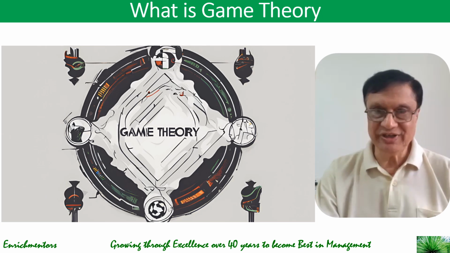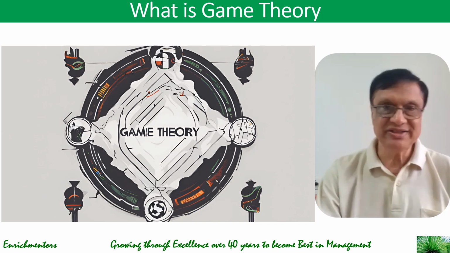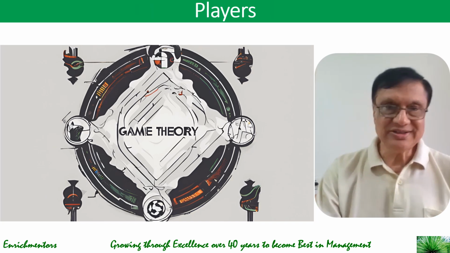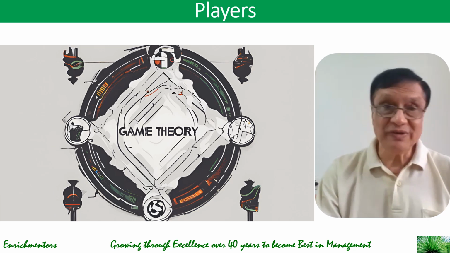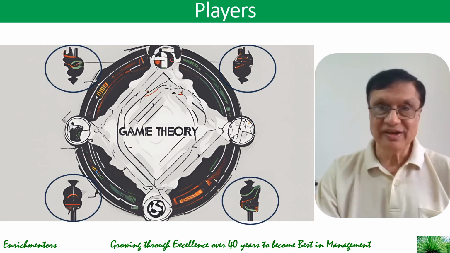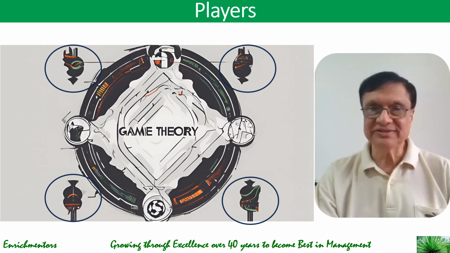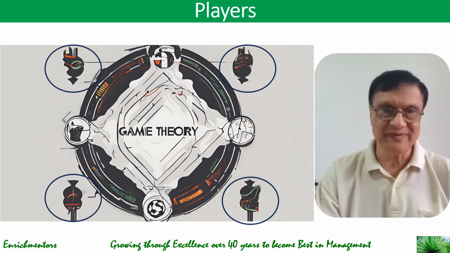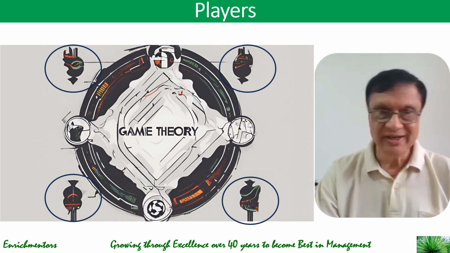Now, what are some of the key concepts and components of game theory? Let's take a look as we go forward. The first key component is obviously the players. Who are the players? The players are the decision makers in the game, people who take decisions. In any kind of game, if it is football, then the people who kick, the people who defend.